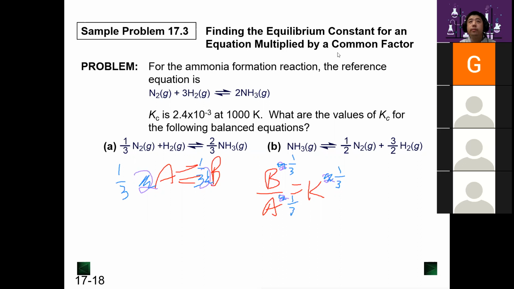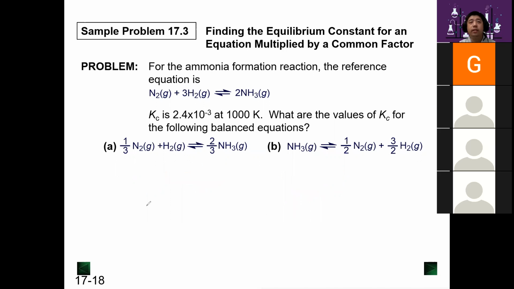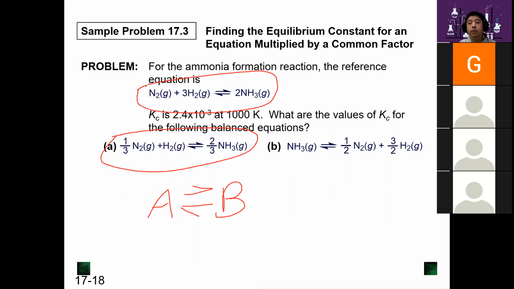Okay. Now let's go ahead and take a look at this example using the second one. Yes. We assume that this relationship right here is 1/3 compared to what this one is. That is why we did 1/3 in front of each of those, and it becomes k to the 1/3 power. Now, if I look at this equation right here, we're not looking at that one anymore. What is the relationship of this equation to the original?